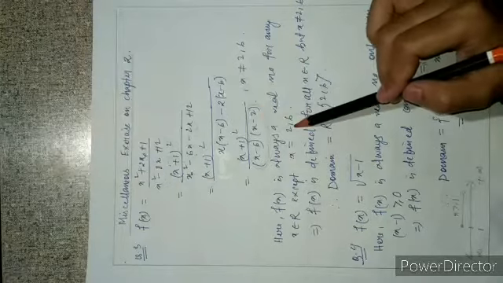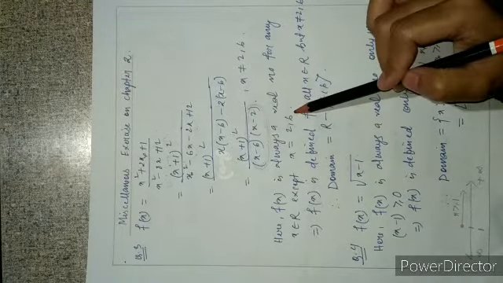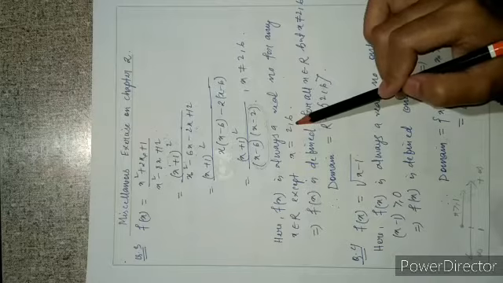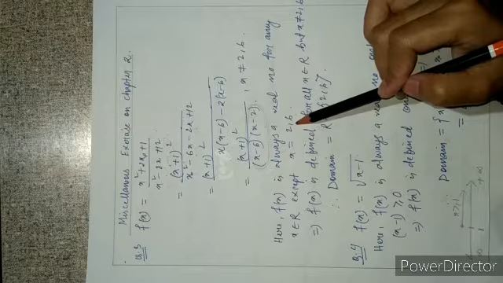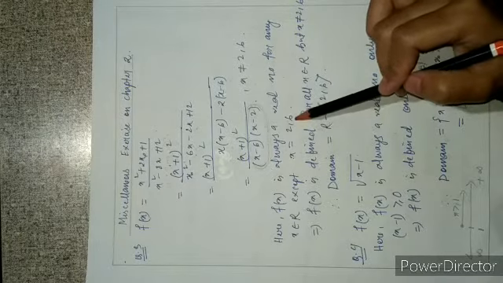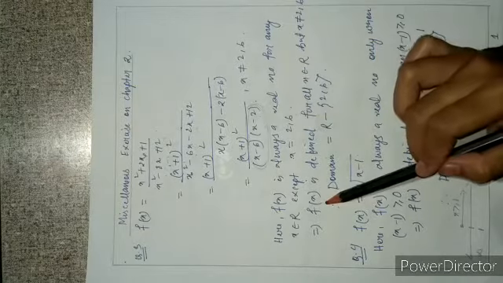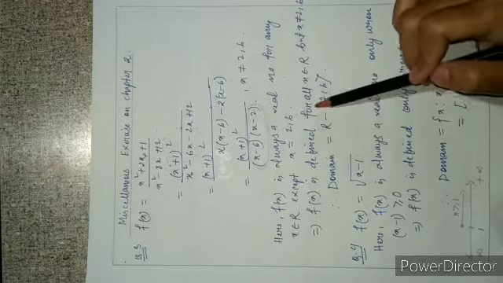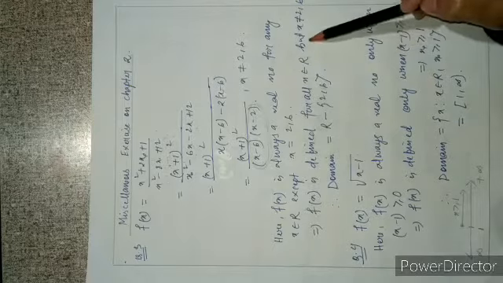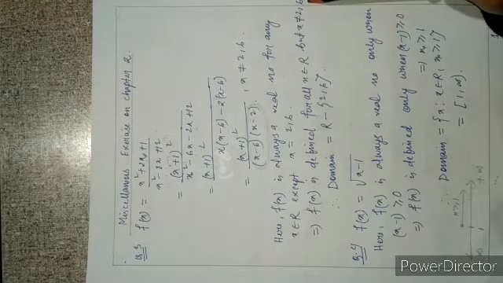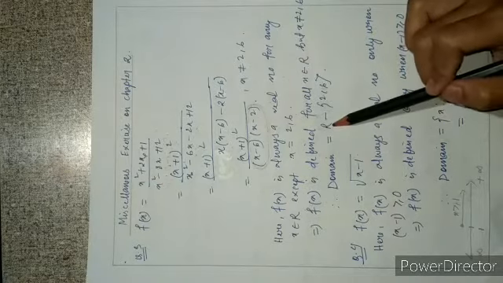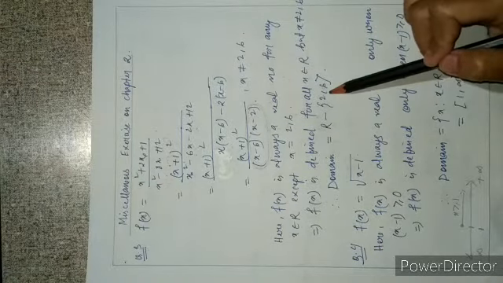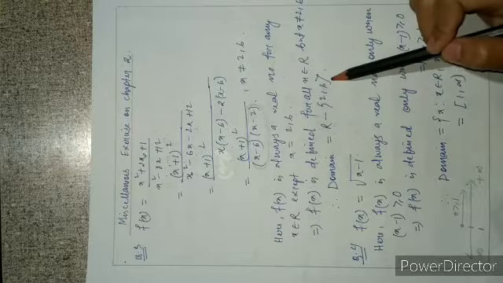A function is a relation in which every element of the domain has one and only one image, which implies that f(x) is defined for all x belongs to R but x not equal to 2 and x not equal to 6. And so the domain of the function will be equal to the set of real numbers minus the set containing two elements 2 and 6.